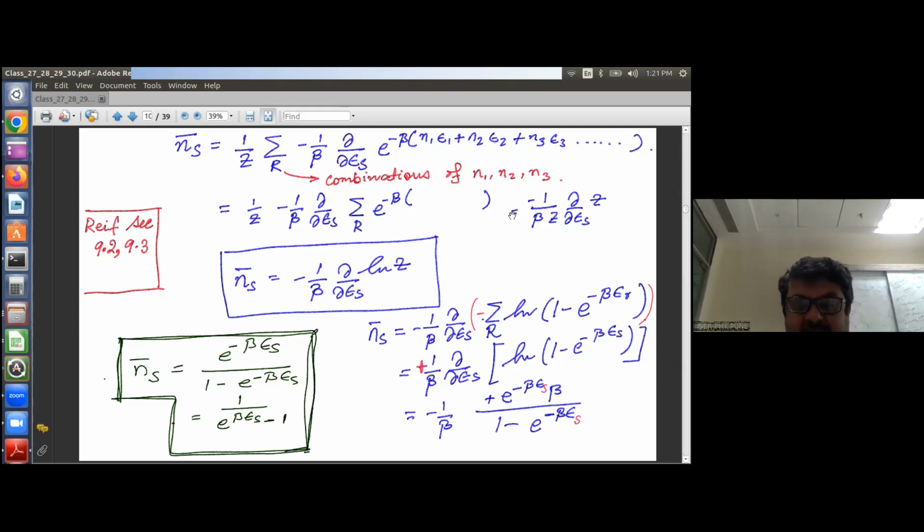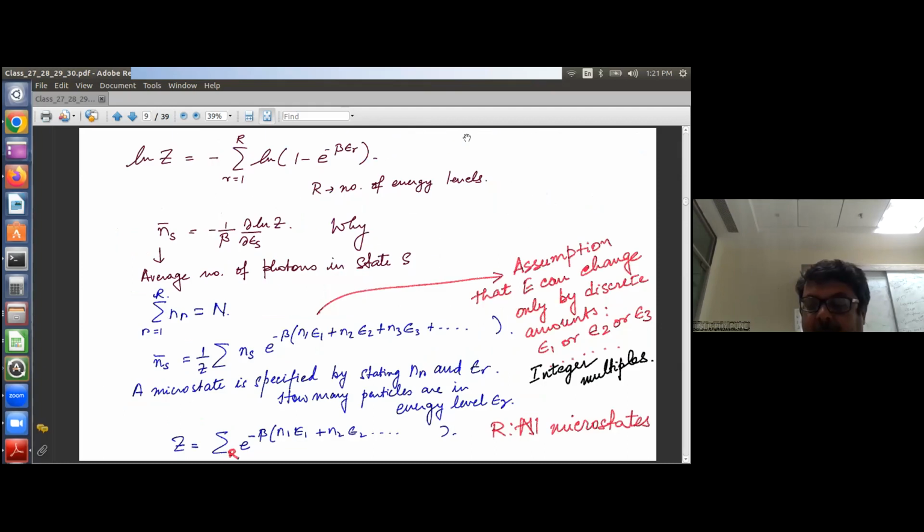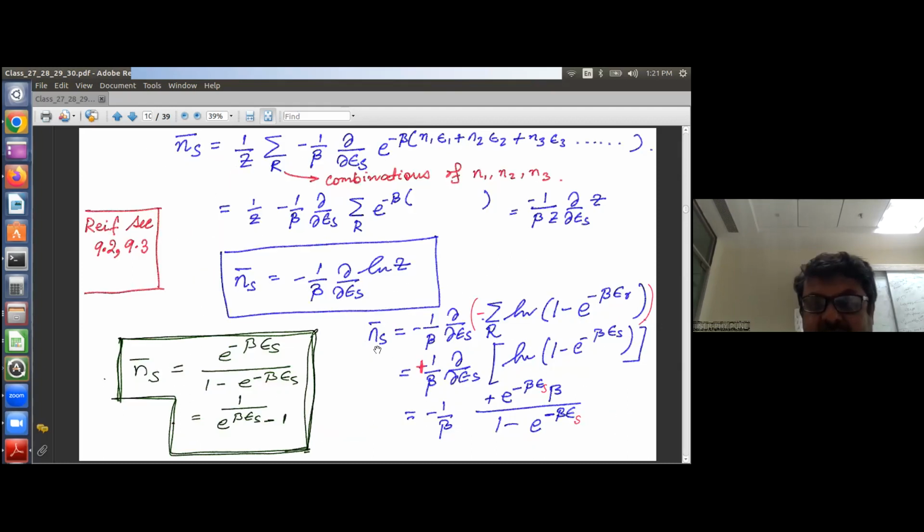So if you already have an expression for ln z from here, then you can just calculate the n bar s, and on doing the differentiation, you will get minus 1 by beta e to the minus beta epsilon s times beta, this term, right? And in turn this beta and beta cancel, so this can be simplified into 1 upon e to the power beta epsilon s minus 1, right?